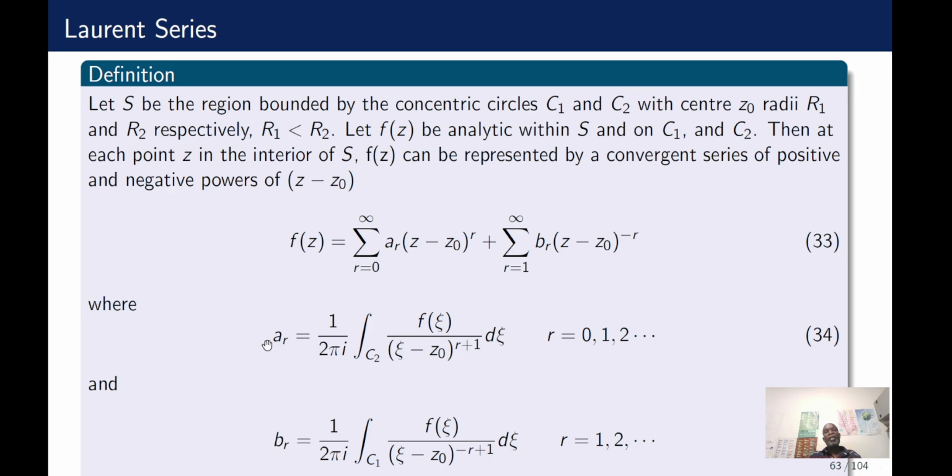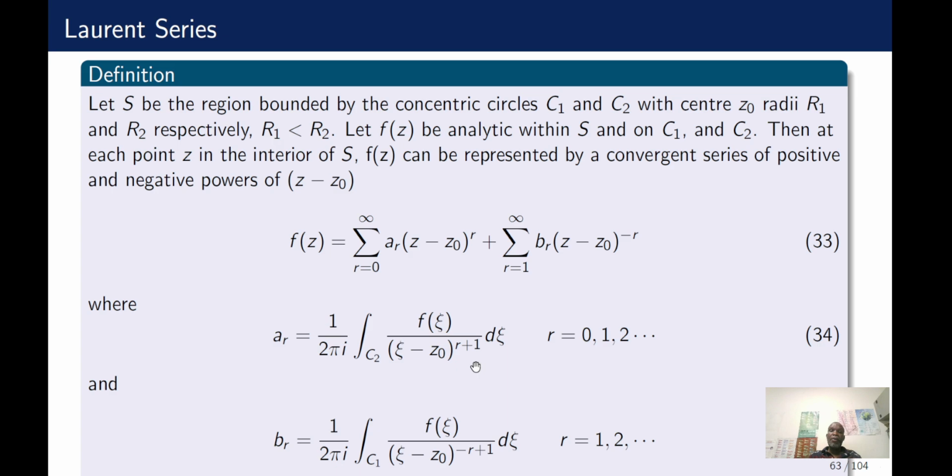So the coefficients for the positive part are going to be 1 over 2 pi i times the integral of this function. The center of that circle is this. You expand it about points inside that circle. So you do this for r from 0 to infinity.